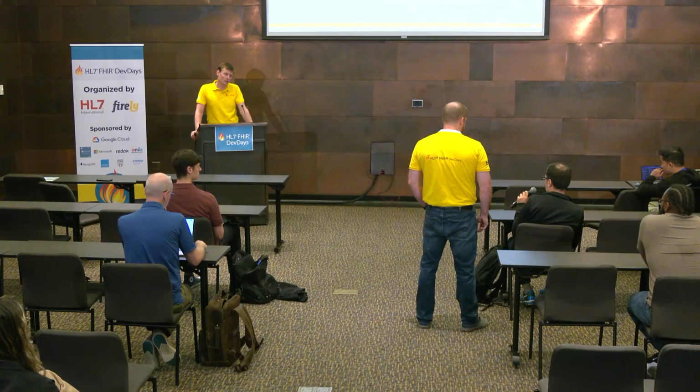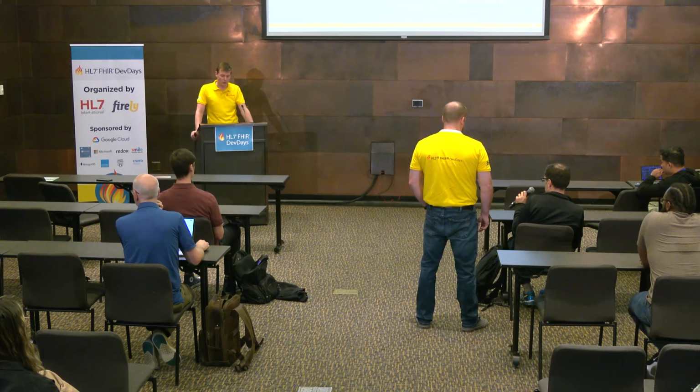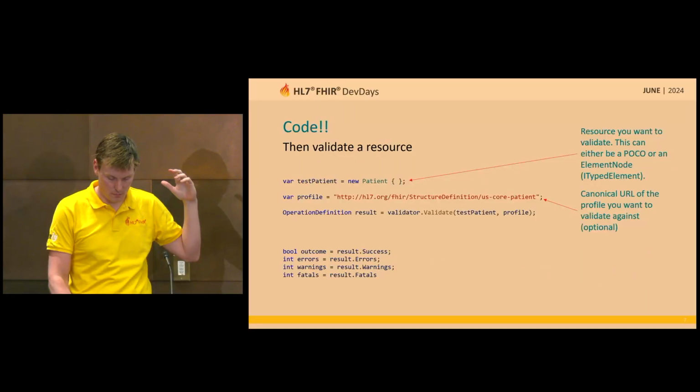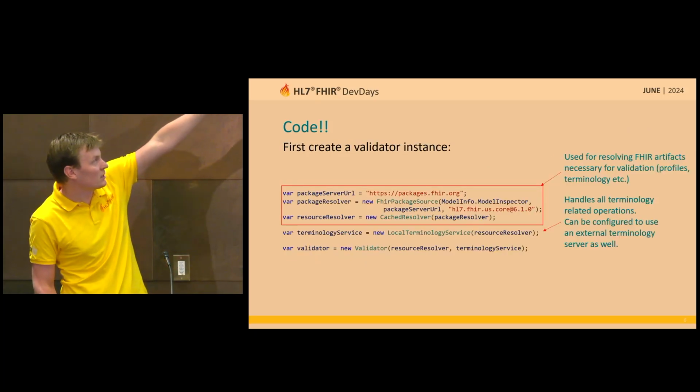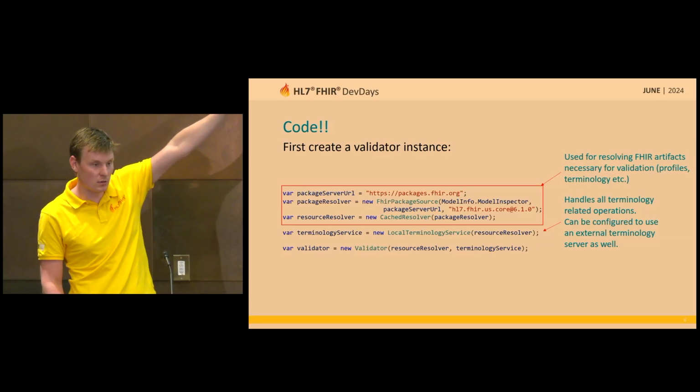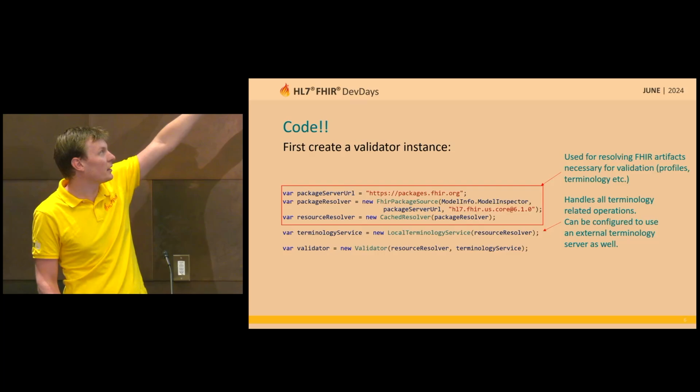And then is it possible to set the metadata profile to pin it to a version? Let's say I want to compare against US Core version 5.1. Right, you can. That's what the package resolver is about. If you go back here to one of the first slides, in this case, we say we use US Core 6.1 as a scope here.